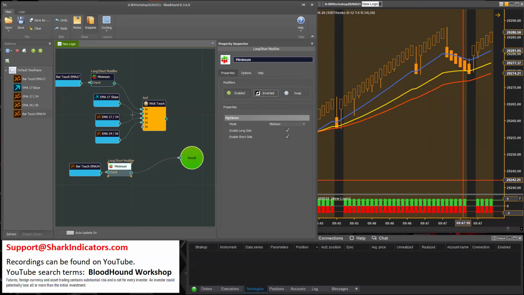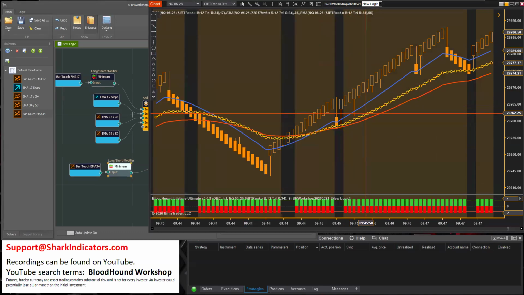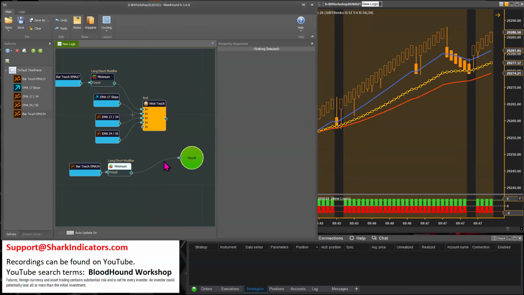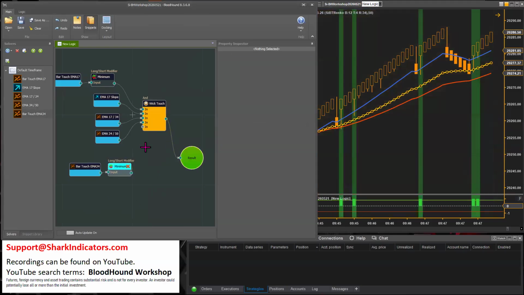And if we invert that, there we go. So all of these bars here, where there's an output, the bar is not touching the EMA. But whenever a bar does touch the EMA 34, then there is no output, like so. So now if we connect this in, like so, there we have it.